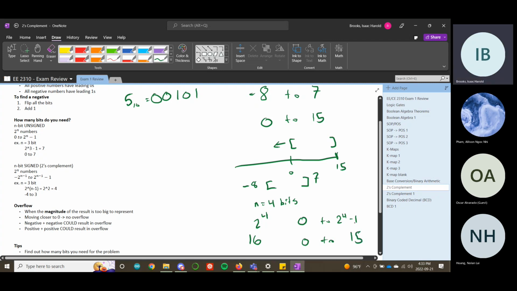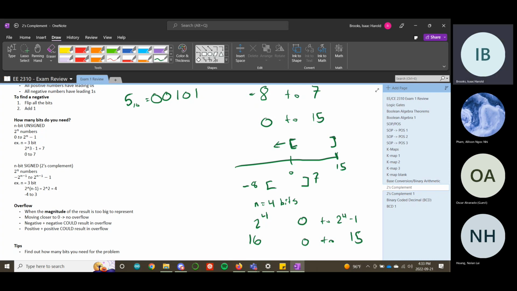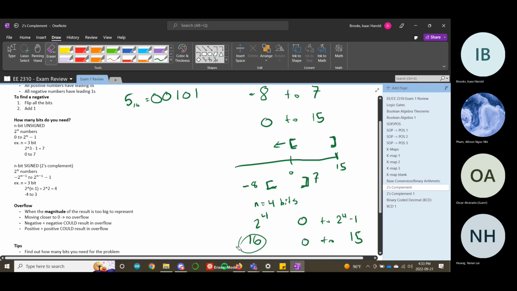And this is unsigned. When we move to 2's complement, this range from 0 to 15 is just getting shifted down to be from -8 to +7. If you count it up, that's still 16 numbers.